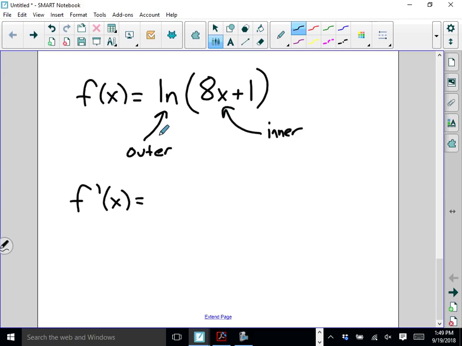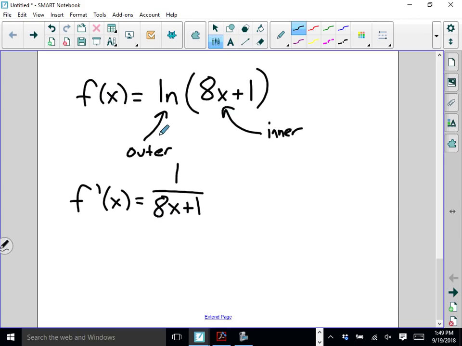So what I end up with is not 1 over x, but 1 over the inner function. So this is f prime of g, the derivative of the outside with respect to the inside: 1 over 8x plus 1. Notice 1 over x never showed up.